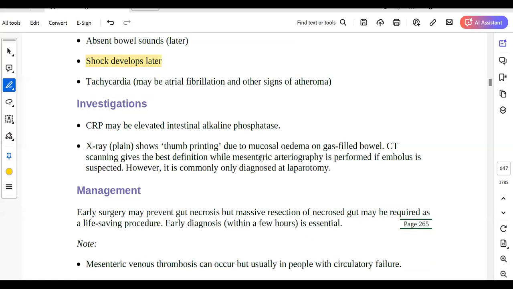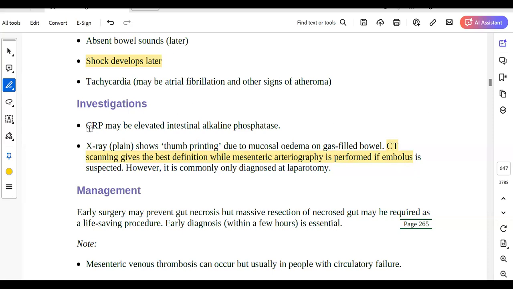But what if the patient is still not in shock? You still have some time. At that time, if you want to confirm the diagnosis, the best way is CT angiography. The angiogram will be able to say where exactly the block is and what the status of the gut is. So that's our most likely investigation in such a situation.